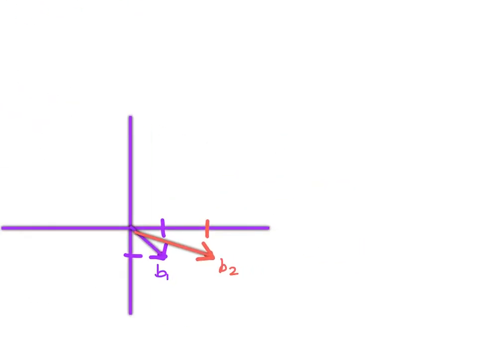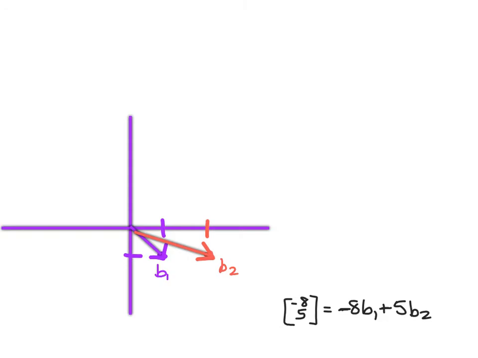That negative 8, 5, I'll jot it down below, is negative 8 B1 plus 5 B2. That's that linear combination we were talking about before.